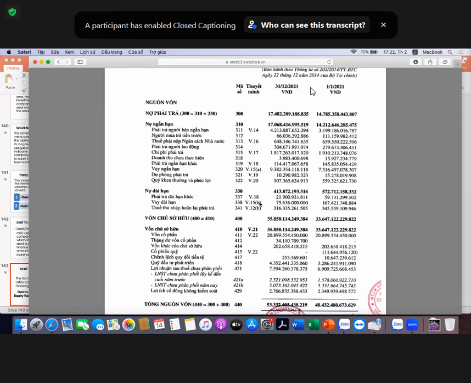Code 400, yeah, 400 or 410. So what is the debt to equity ratio? In 2021 it is about 49% and in 2022 it is about 44%. Good.